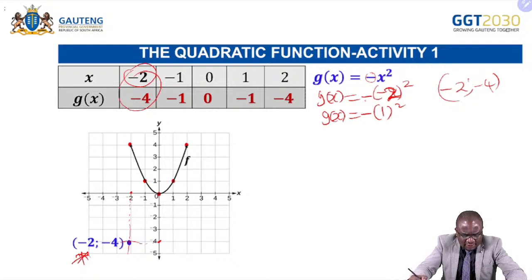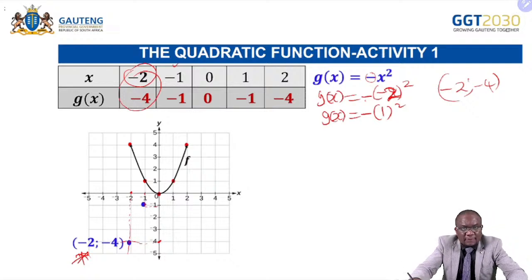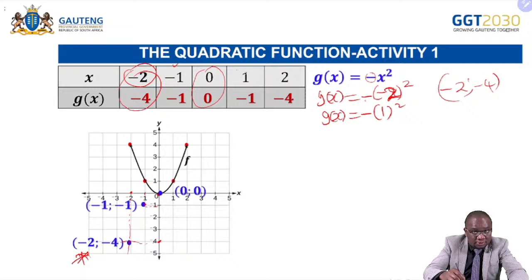Right, and then -1, -1, that's the next point. This one is going to be -1, -1 is here. So we plot that point, that's -1, -1. Then 0, 0, the origin. And then 1, giving us -1.